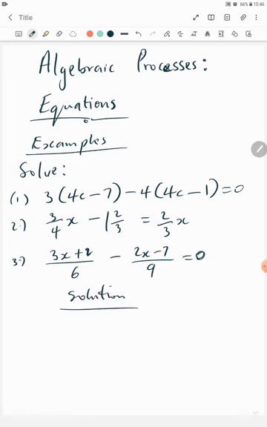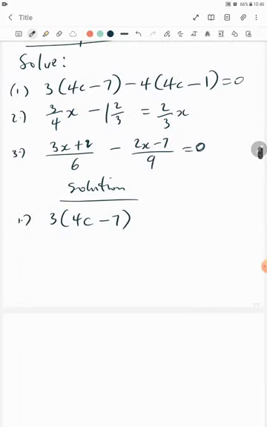Solution. So we have 3 bracket 4c minus 7 to bracket minus 4c minus 1.